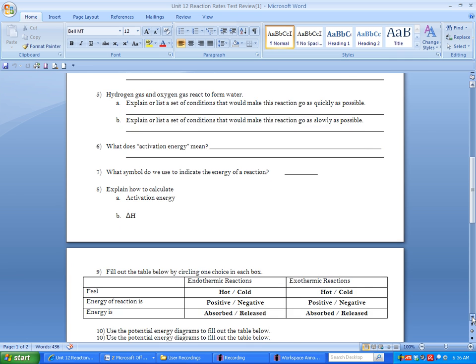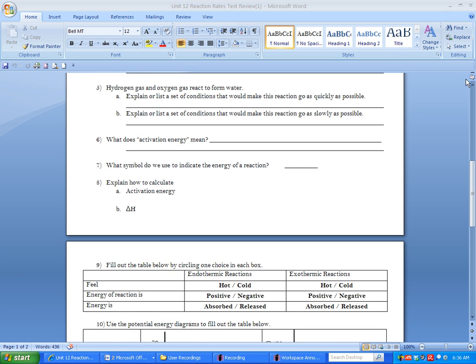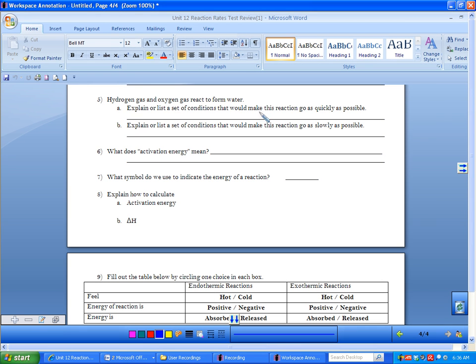Number 5. Okay, number 5 says hydrogen gas and oxygen gas react to make water. H2 plus O2 gives me H2O. There's 2 there and 2 there. Explain or list a set of conditions that would make this go as quickly as possible. Increase pressure, because they're gases.